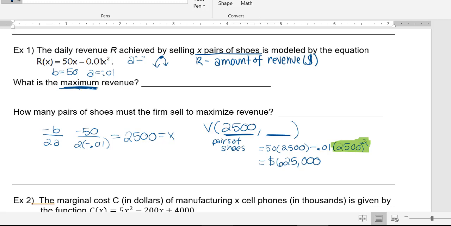That is my maximum revenue. So that will go on this line: 625,000 dollars at 2,500 pairs of shoes. We're remembering to use units on this, so dollars for revenue and pairs of shoes for that 2,500.